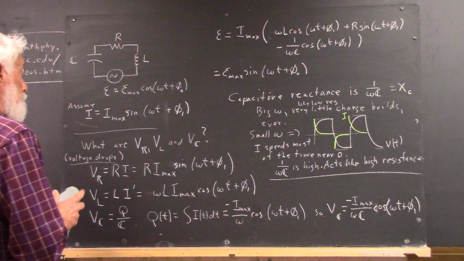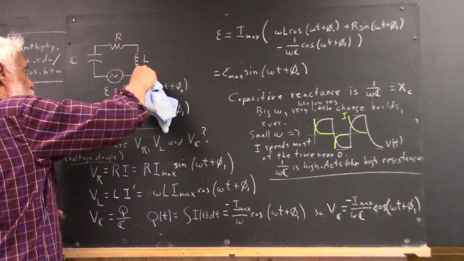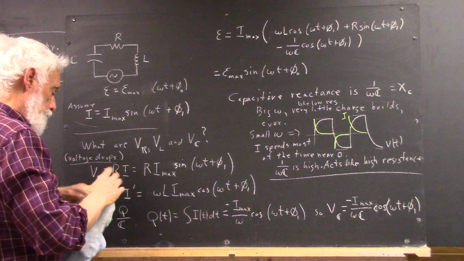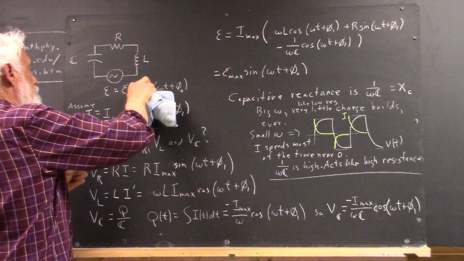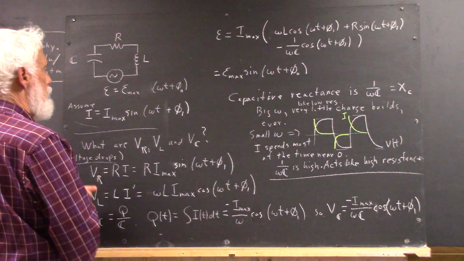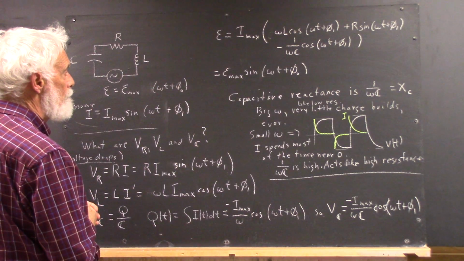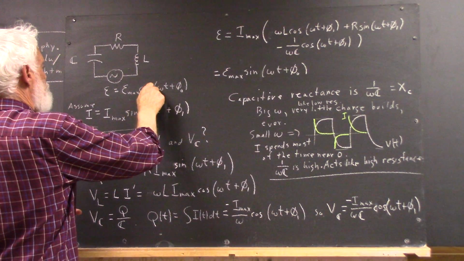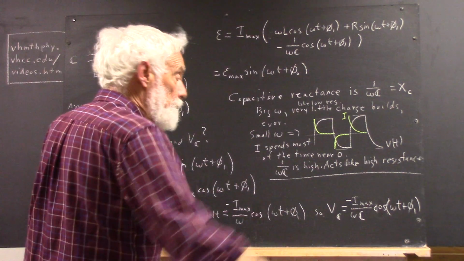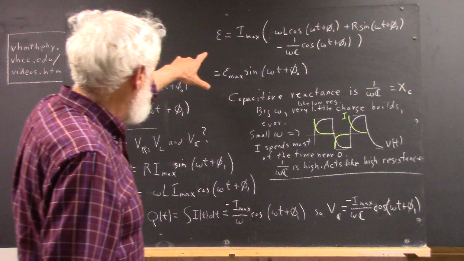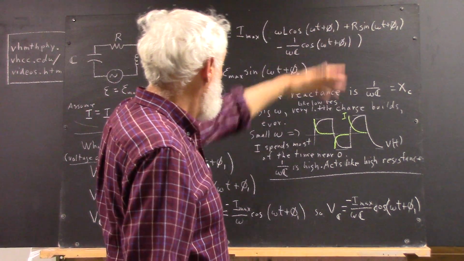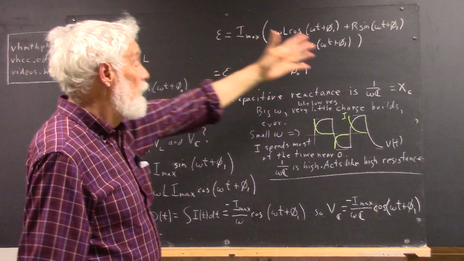It's not important because, of course, we can always get it with a phase angle. Actually, no, I want that to be a cosine, never mind. Okay, so our EMF then is this, the sum of all our voltage drops.